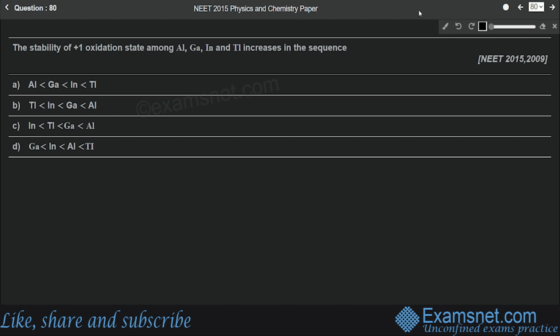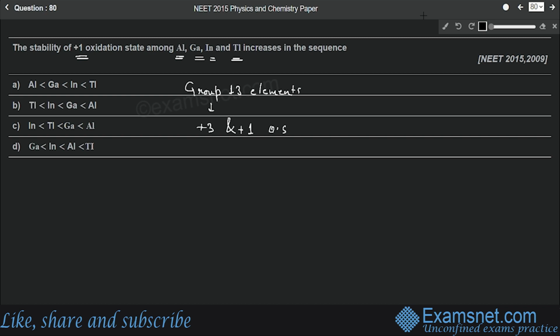Question number 80 is from the chapter P block elements, and the question is, the stability of +1 oxidation state among aluminium, gallium, indium and thallium increases in the sequence. So these are group 13 elements, and we know that group 13 elements mainly exhibit +3 and +1 oxidation state.